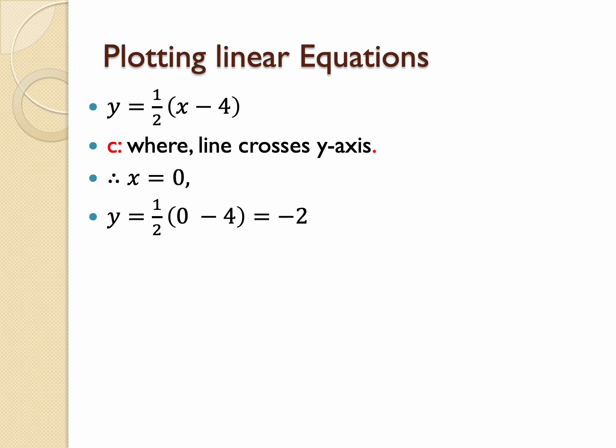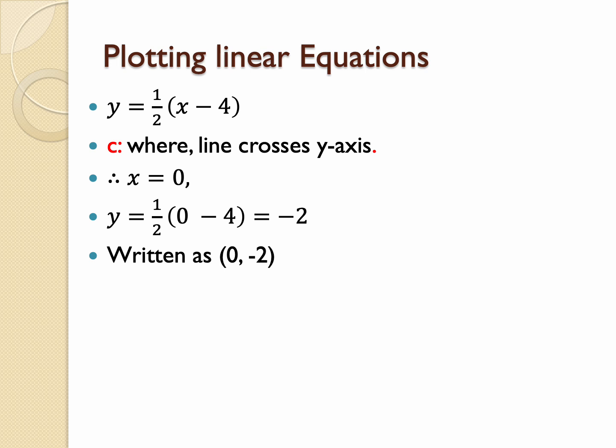So we can mark that as a point, which can be written as (0, minus 2), where the x-coordinate equals 0 and the y-coordinate equals minus 2. A point is made of two coordinates. The first one is called the x-coordinate and the second one is called the y-coordinate. So we have got one of our points.